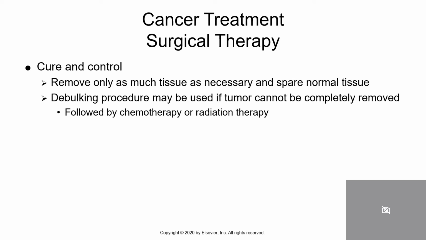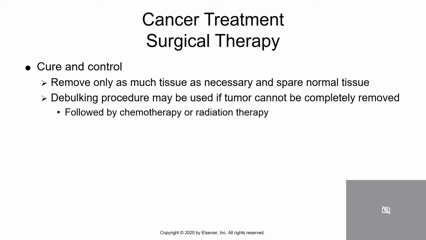And then cure and control, removing only as much tissue necessary, letting the normal tissue be spared, is a type of surgical therapy. There's also debulking, which can make chemotherapy or radiation therapy more effective, because what happens is the tumor mass is reduced before they even start having the chemotherapy or radiation, which makes it more likely that it'll be a successful treatment.